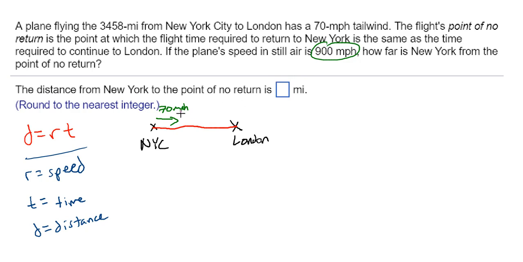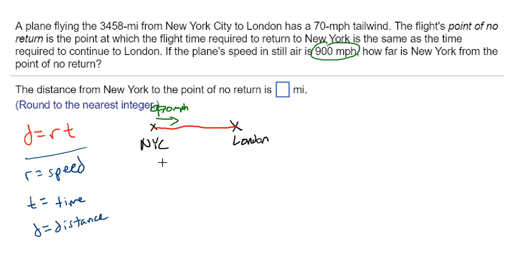So with the 70 mile per hour tailwind, it's going to be going 970 miles per hour. Excuse me, I put the wrong number first. 900 miles per hour on its own, plus a boost of 70 miles per hour from the wind, means going towards London from New York, the plane will have a total speed of 970 miles per hour.